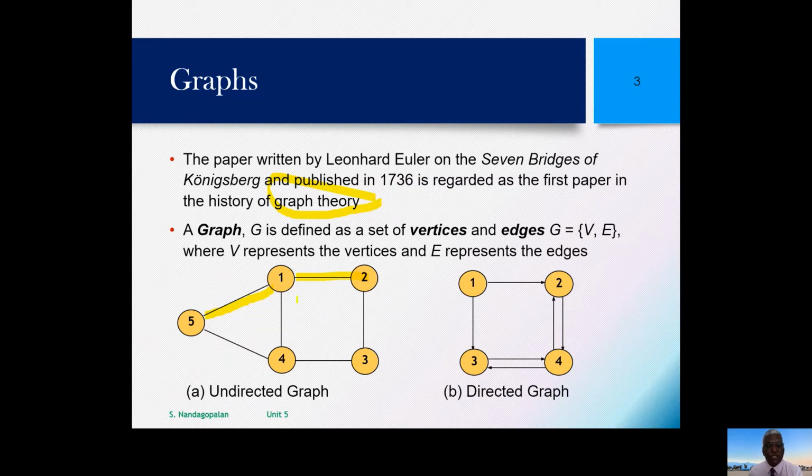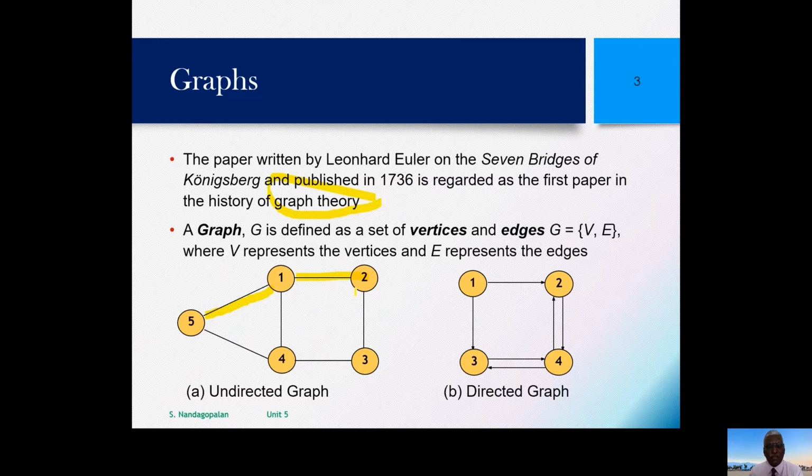Remember, an edge is normally connected between two vertices. So don't get confused with the traveling mechanism where I could travel from, for instance, 2 to 5. Via 1 I can reach 5, via 3 and 4 I can reach 5, or I can go to 1, go to 4 and then reach 5. So there are several paths, several routes, something like Google Maps. So you have several paths because of these edges.